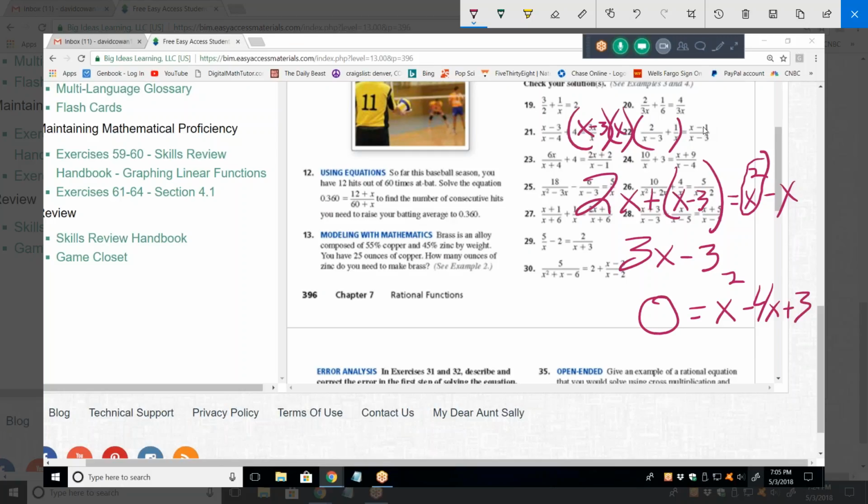How do I solve that? Simple factoring problem.